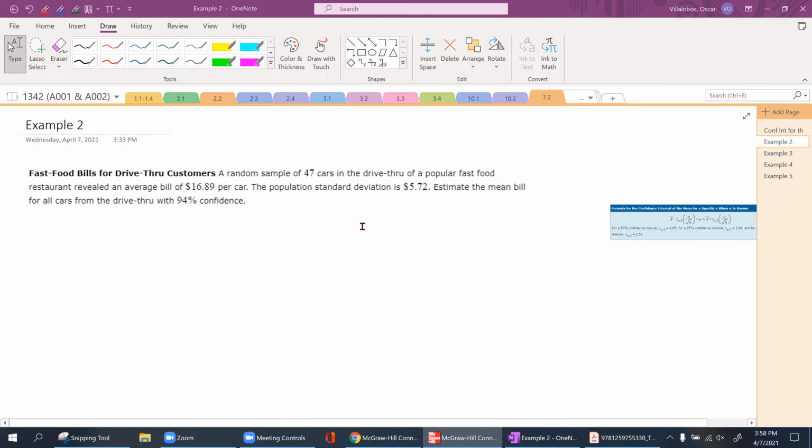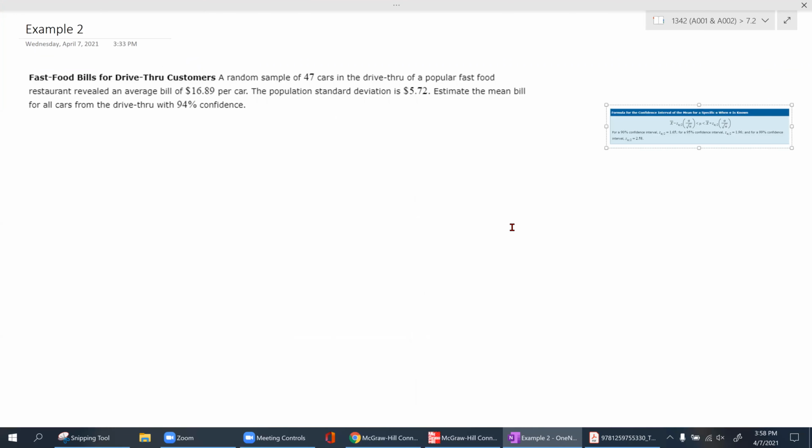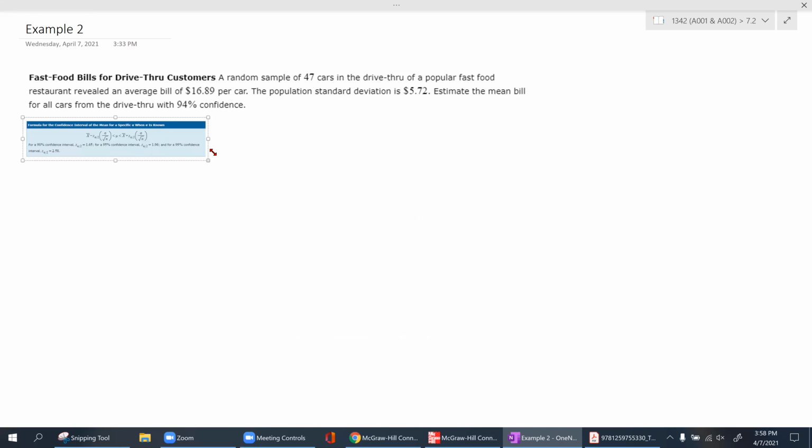I have here a random sample of 47 cars in the drive-through of a popular fast food place. One of the first things we always want to do is write down the given. A random sample, that's my sample size, 47 cars.